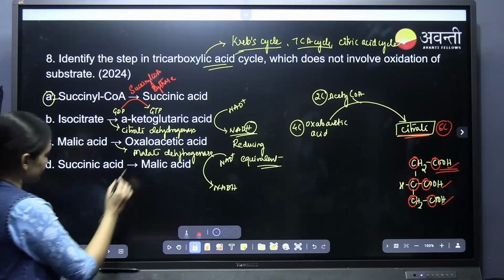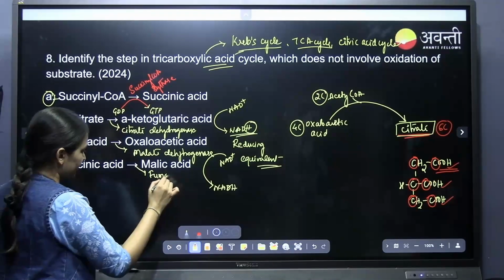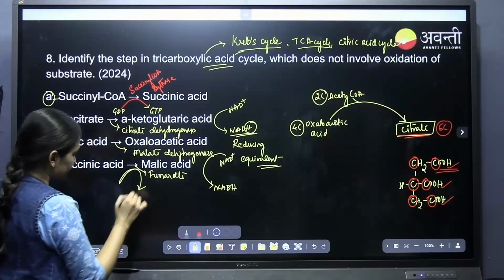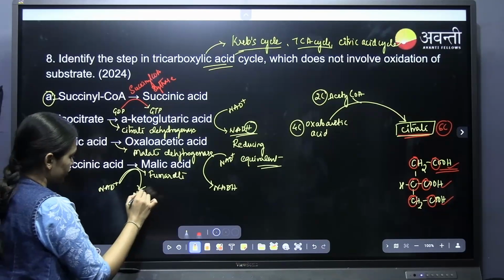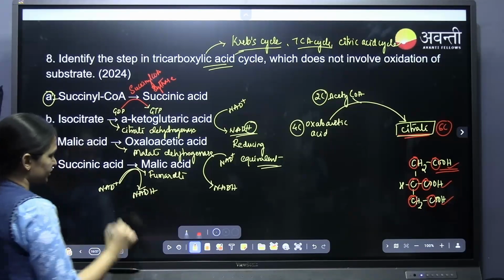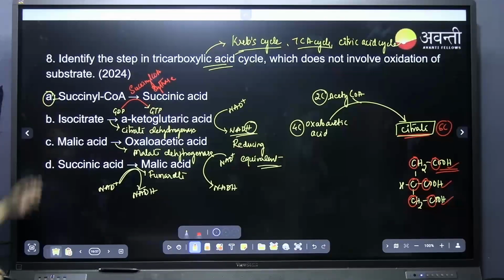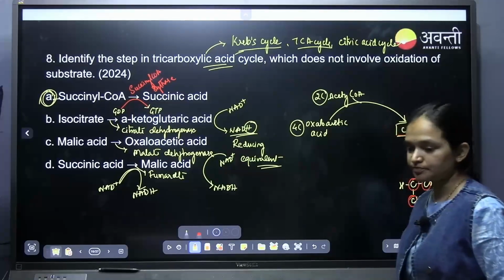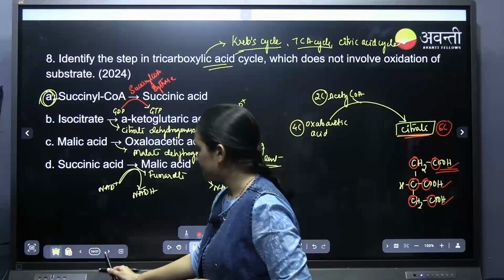Succinic acid to malic acid: succinic acid will first be converted into fumarate or fumaric acid, and here also one molecule of NAD plus is converted to one molecule of NADH. Here also the oxidation has happened. Where the oxidation has not happened is option A. Understood? With the first option we get the answer, that is A.